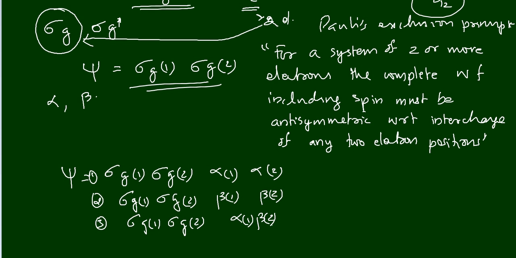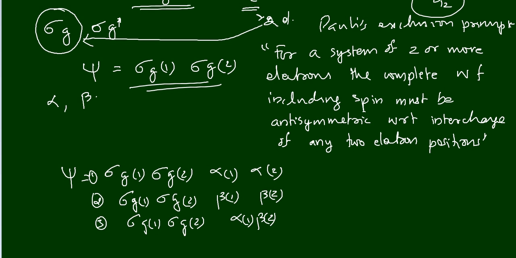Now there is a problem. If we take the square of this wave function, you will get some particular value: sigma g1 square, sigma g2 square, alpha 1 square, beta 2 square. But suppose the two electrons are exchanged, meaning electron 2 takes the alpha spin state and electron 1 takes the beta spin state, so the electrons just reverse their spins.